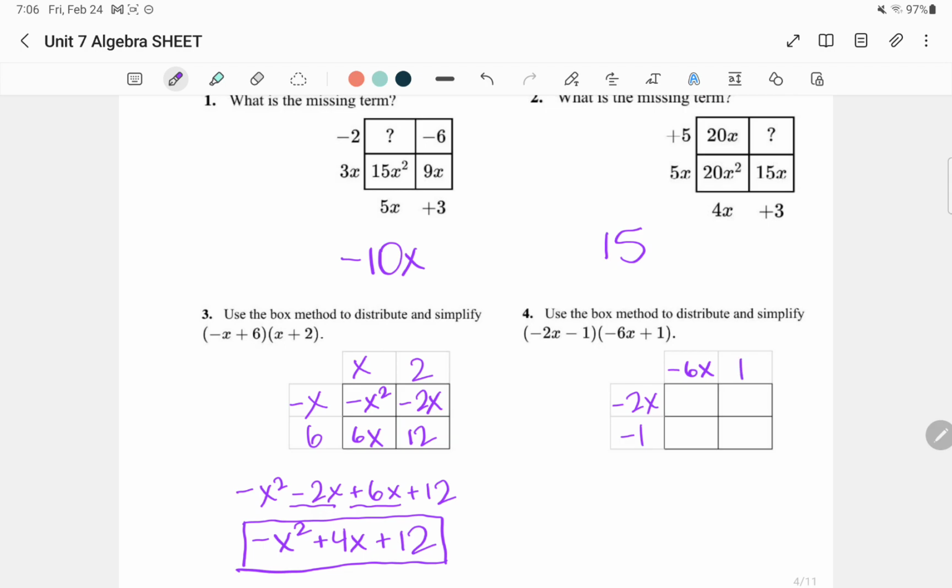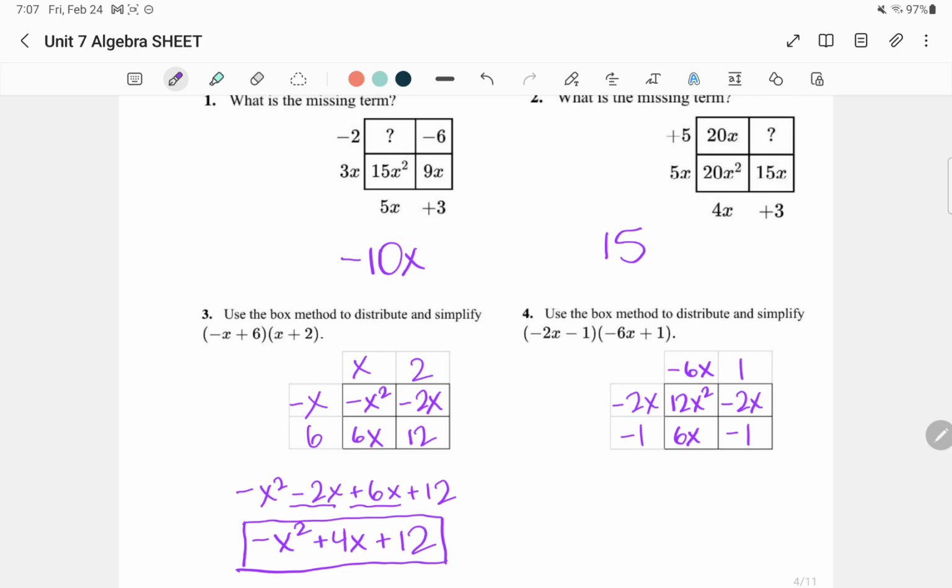And now I'm going to multiply. So -2 times -6 is +12, and x times x is x squared. So that's going to be 12x squared. -2x times 1 is just -2x. -1 times -6x is +6x. And negative 1 times 1 is negative 1.